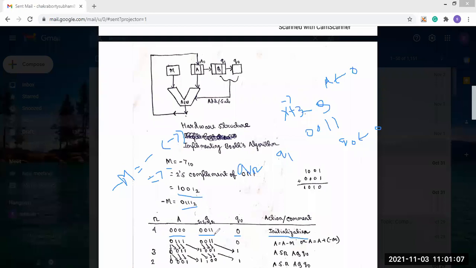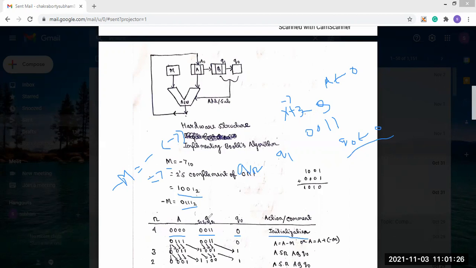So we have represented the multiplier +3 using 4 bits. And Q0 is a single bit, and for initialization we require Q0 as 0.